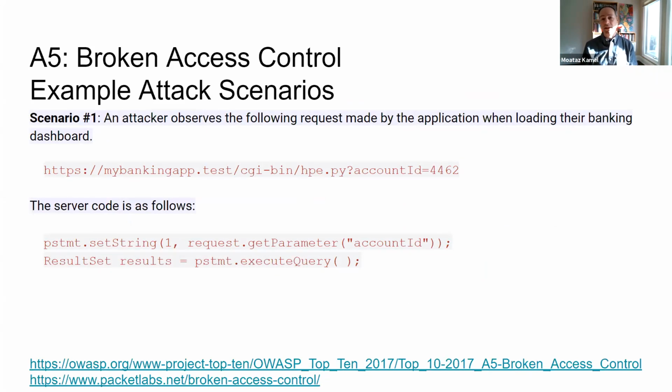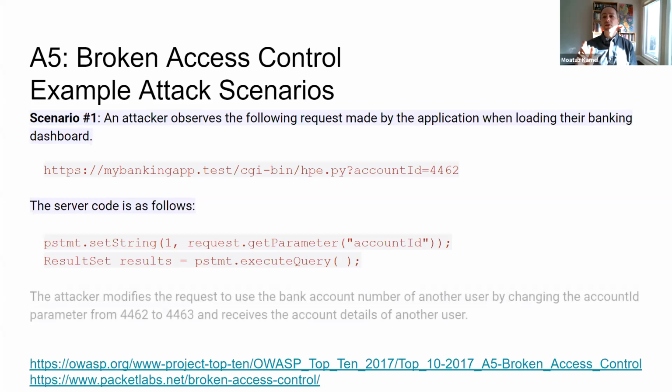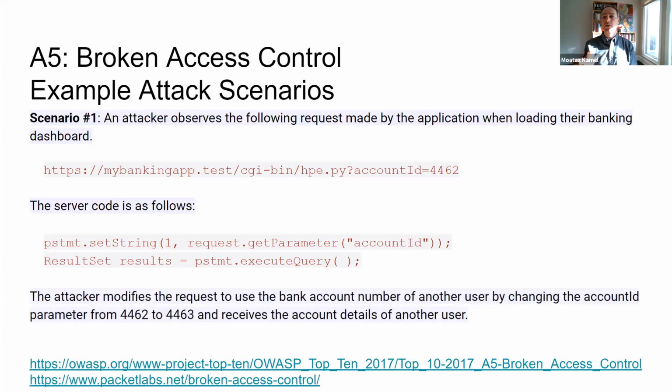So it's kind of like the SQL injection, but in this case, instead of doing a SQL injection, the attacker just changes the ID from 4462 to 4463 to see, okay, it's not an injection attack, it's actually just saying, can I access a different account than my own account? And so if the access control is broken, it gives the attacker the results of the other account.